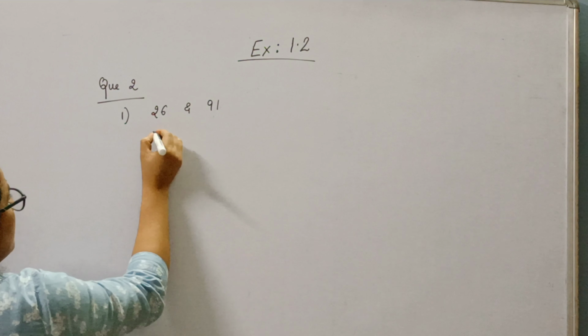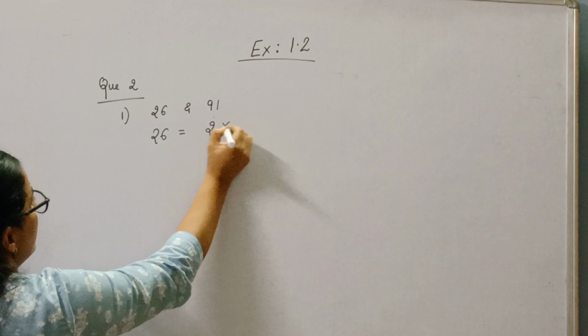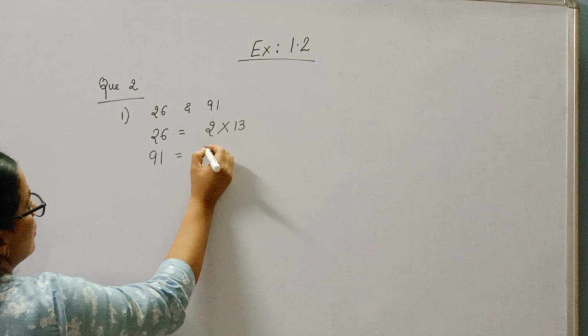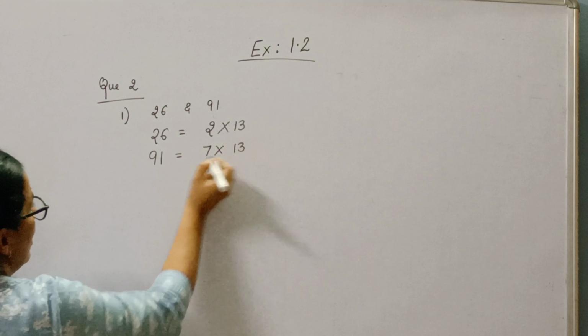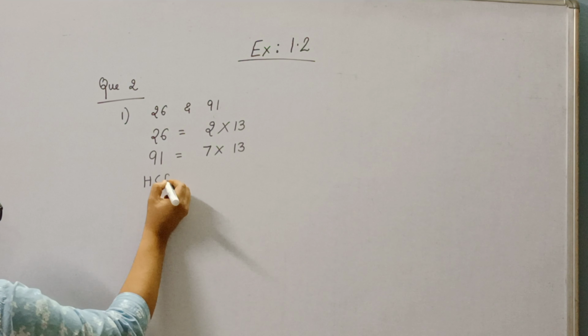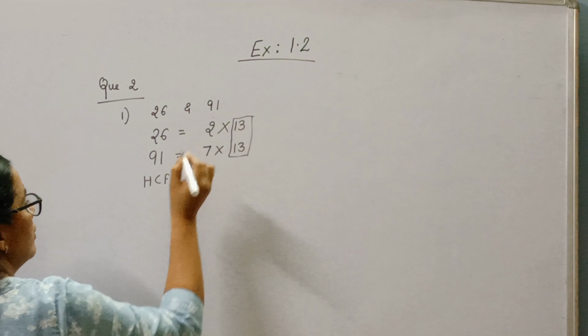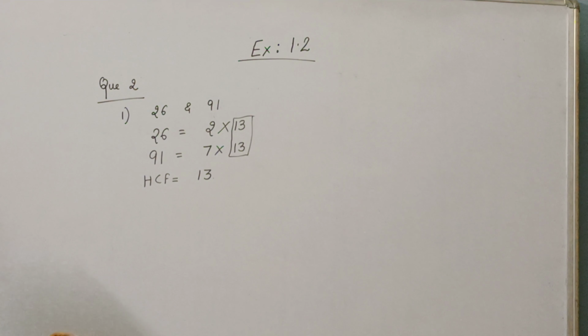First of all, find the prime factors of 26: 2 into 13, and the prime factors of 91: 7 into 13. Now to find the HCF, what is the common prime factor of 26 and 91? You can see the common factor is 13, so the common factor is taken as the HCF.